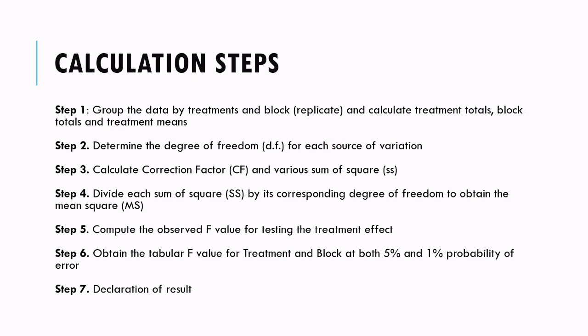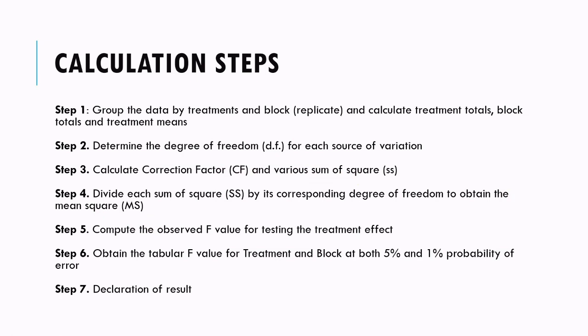The third step is calculation of the correction factor and calculation of the sum of squares. This third step is a very long step. The fourth step is to divide the sum of squares by the degrees of freedom to obtain the mean square.